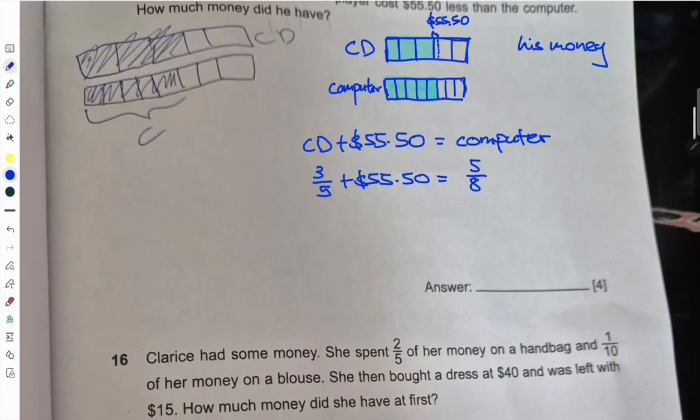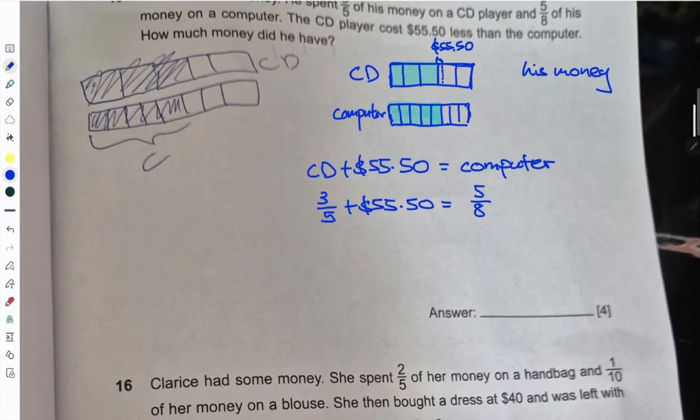Okay, so what can we do? What we can do is I say, okay, let me just try to find out if we can say that this thing is one whole, like, you know, fraction, you got one whole, right?